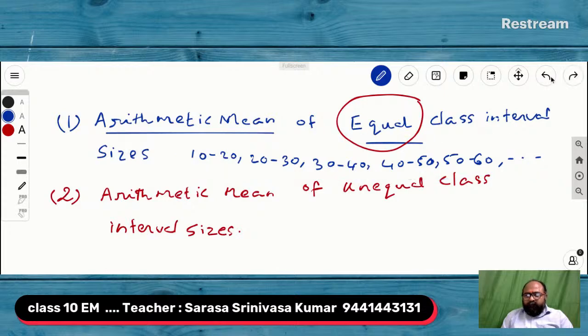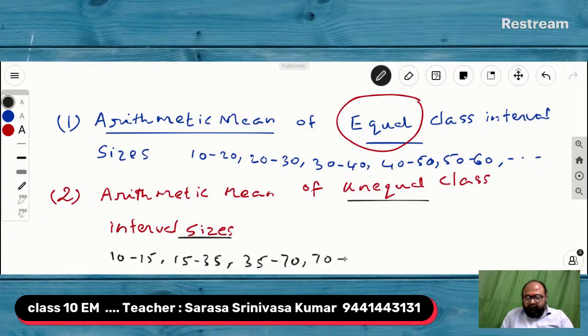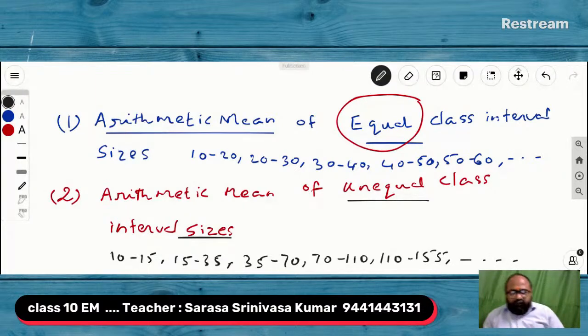Now in the next class we would like to find the arithmetic mean for different class interval sizes. For example, 10 to 15, 15 to 35, 35 to 70, 70 to 110, 110 to 155. Like that, the class interval sizes are different.